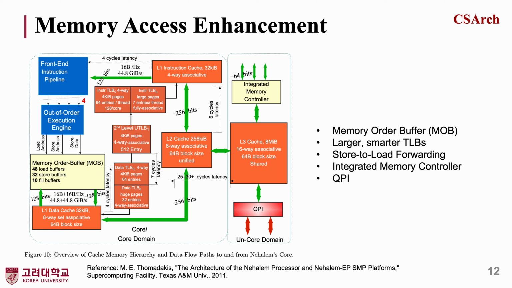Store to load forwarding was optimized, reducing latency for dependent instructions. On top of that, the integrated memory controller replaced the old front side bus, cutting memory latency significantly. And also, the QuickPath Interconnect enabled fast communication with the uncore and other processors. Altogether, these enhancements allowed Nehalem to deliver much higher sustained memory throughput compared to its predecessors.